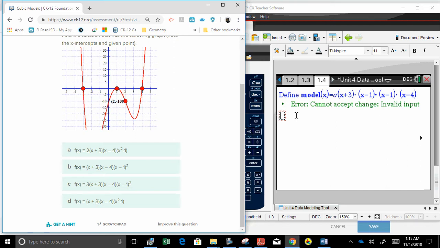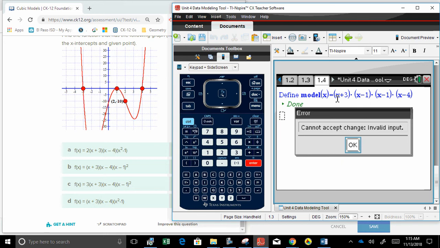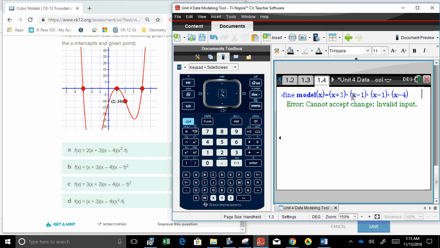So it could be just 1. Then f of 2 should be 24, and it's not.